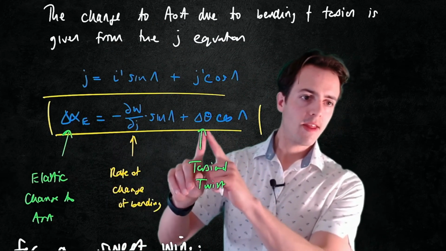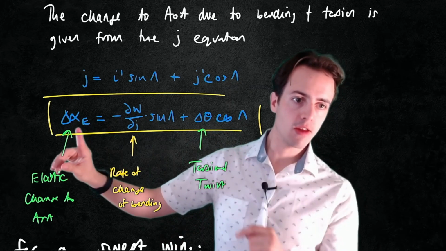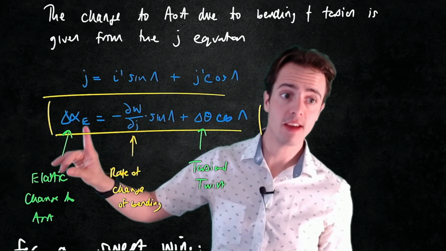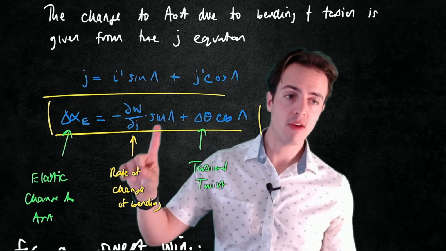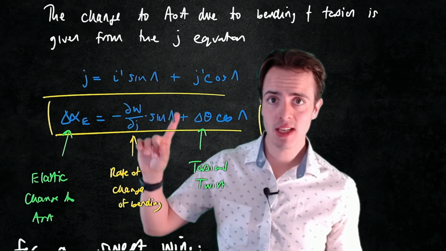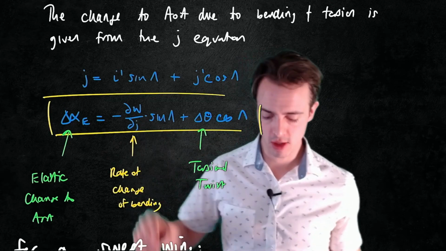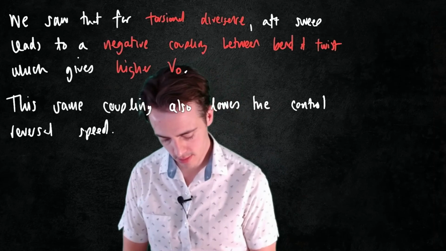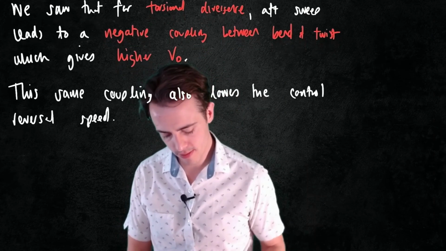We see here that if we've got any twist in the wing, then that's going to change the angle of attack, or the elastic change to the angle of attack, because of torsional twist. We would also see here that if we have any bending, this is going to reduce the angle of attack. So let's think about the mechanism via which that occurs.